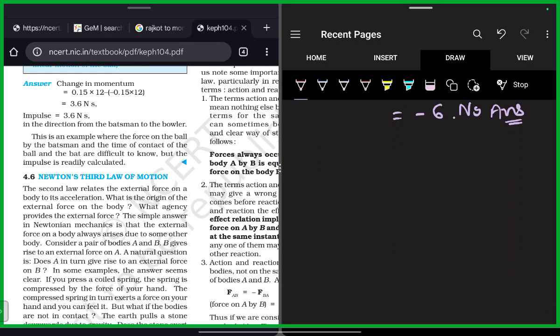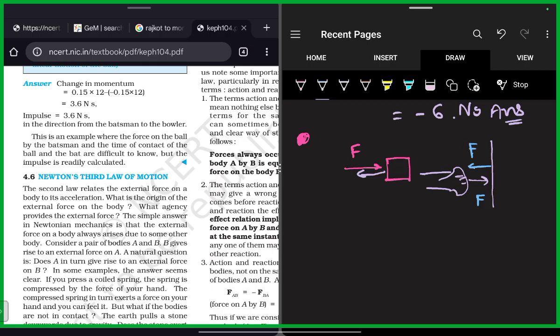What's Newton's third law of motion? Every action has an equal and opposite reaction. Very good. So if you apply a force on a certain body, that same body will apply a force on you, right? For example, if you try to hit a wall with your fist, you are applying some force on the wall, so the wall actually applies some amount of force on your fist.